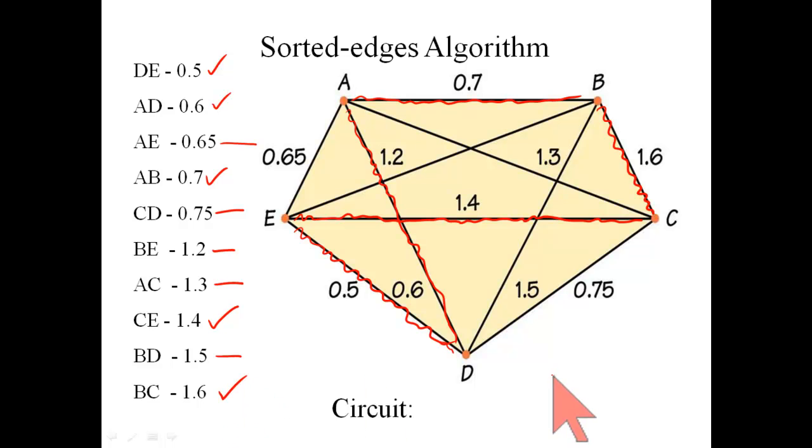And we're finished. What's the Hamiltonian circuit? Well, let's list it by listing the vertices in the order that we visit. For example, we could start at A and go to B and go to C and then E and then D and back to A. That's A to B to C to E to D and back to A. All right, there is a Hamiltonian circuit.